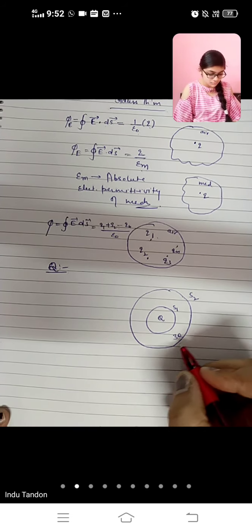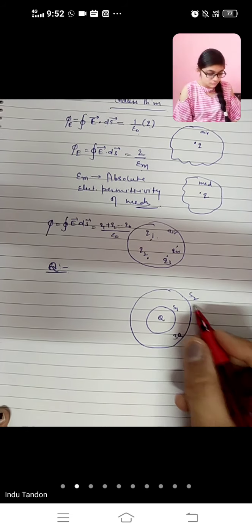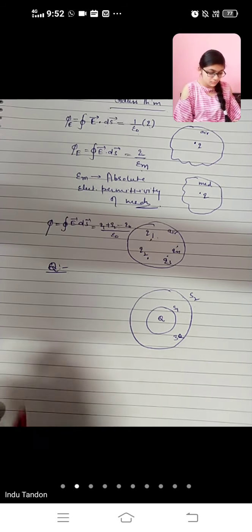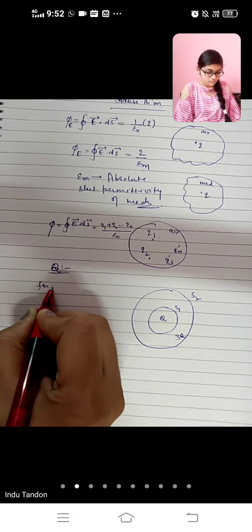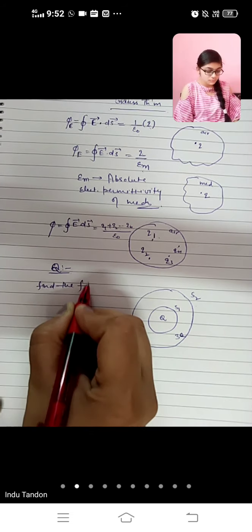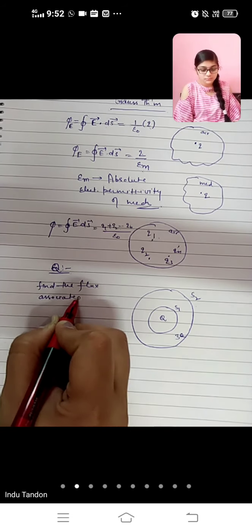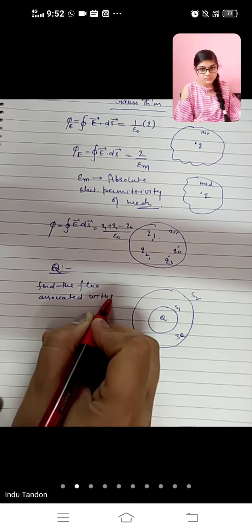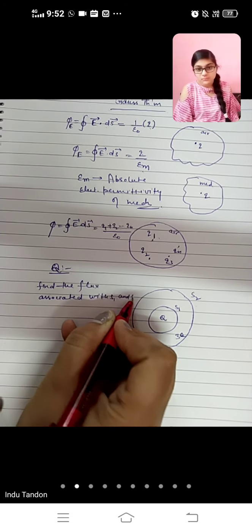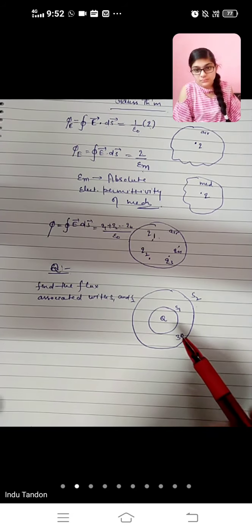The question is, find the flux associated with S1 and S2, and air is present between them.